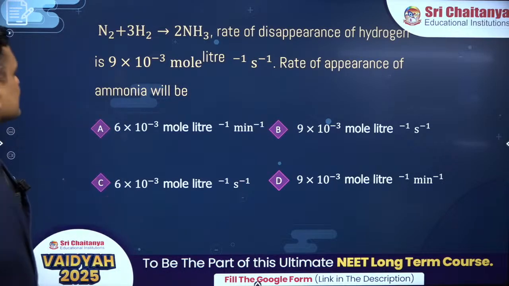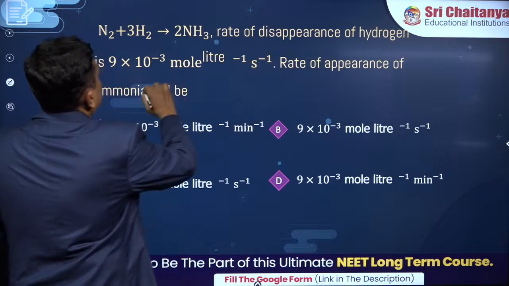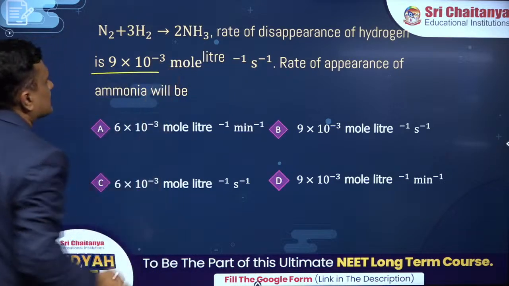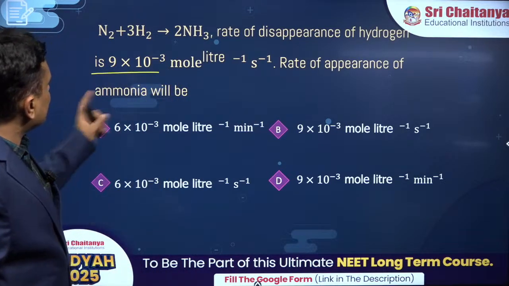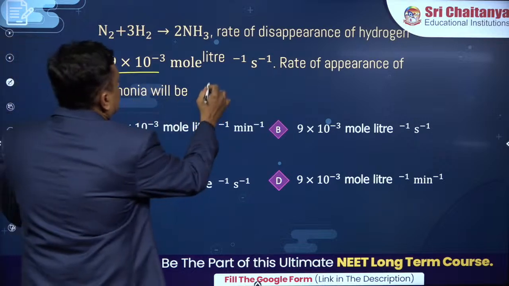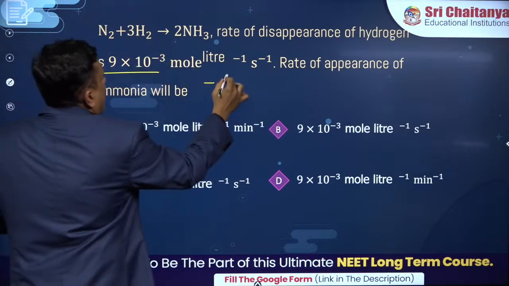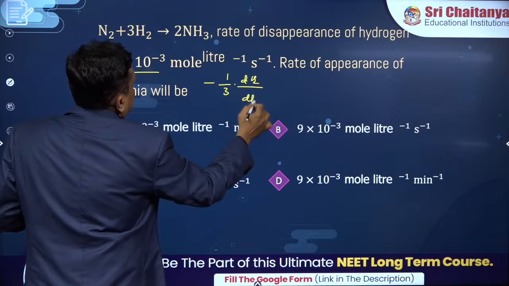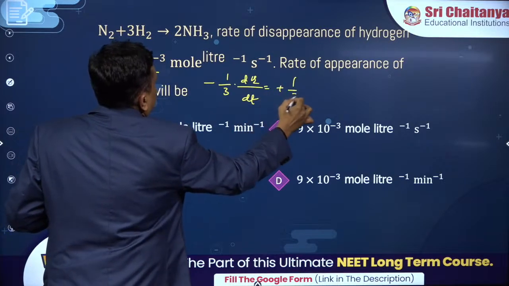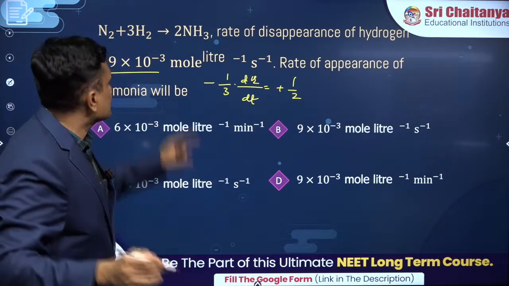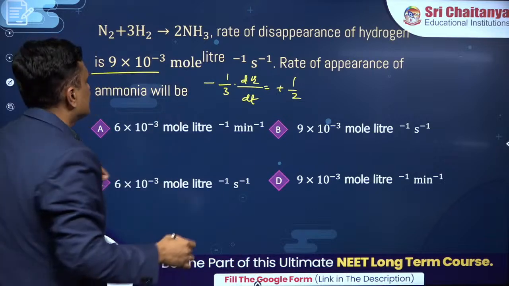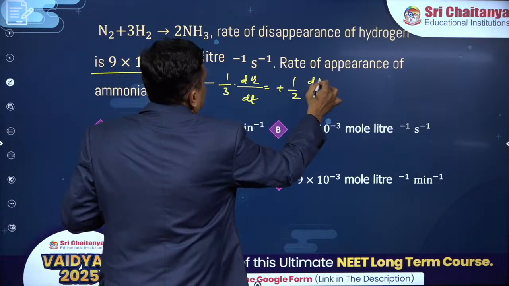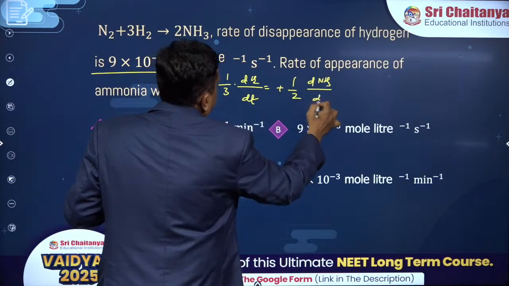Another chemical kinetics question, buddies. You can see the rate of disappearance of hydrogen is given and the rate of appearance of ammonia is asked. Listen now, how would you write the rate? Minus 1 by 3 dH2 by dt is equal to plus 1 by 2 dNH3 by dt. You know that you have to invert the stoichiometric coefficient to multiply the rates with respect to various components of a reaction. That's all.